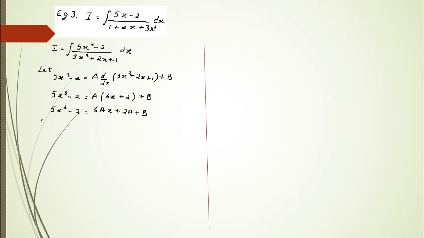Now comparing the coefficient of x and constants on both sides, I'll have 5 is equal to 6a, right? Therefore a is equal to 5 by 6.